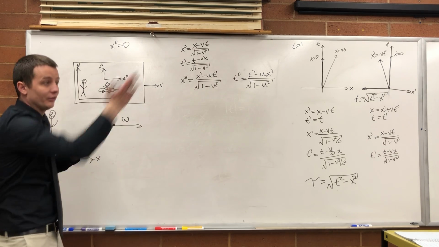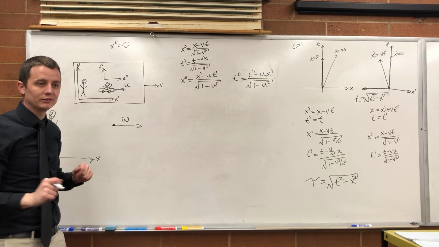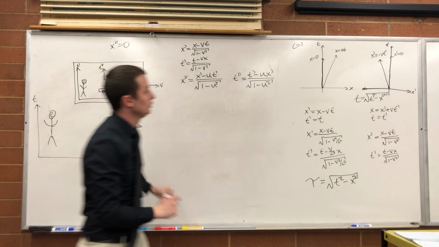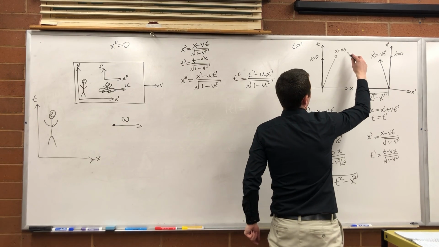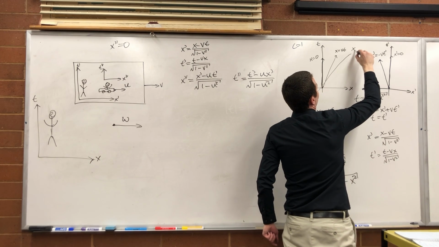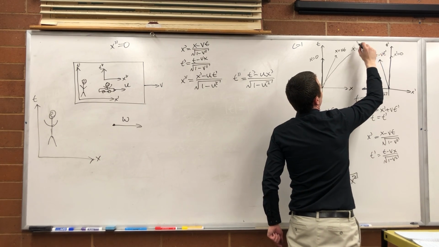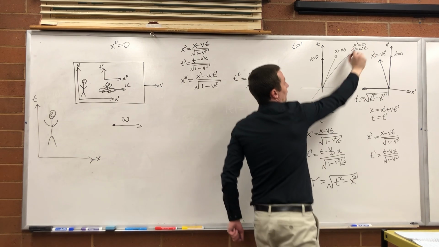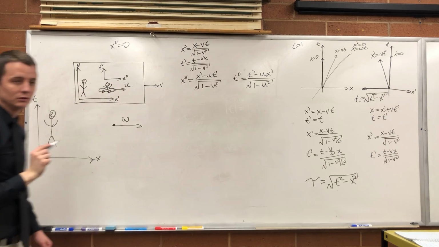Then that will tell us how they look in your reference frame, and we can figure out their velocity. So x double prime equals 0 is going to be some line like this in your reference frame. So x equals omega t, or wt, will be the same thing as x double prime equals 0. And we'll figure out what that line looks like in your reference frame.